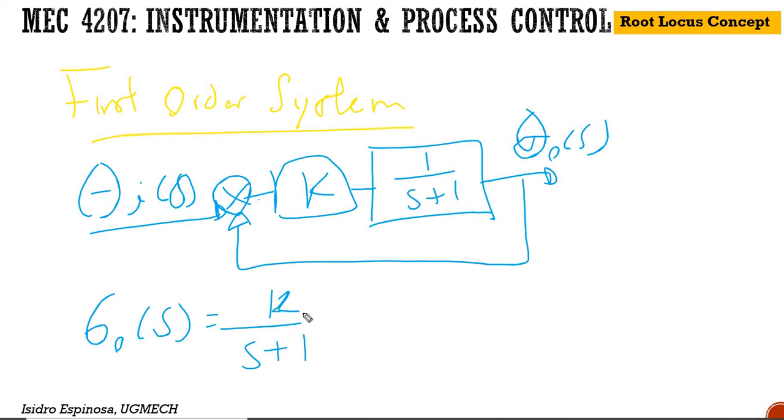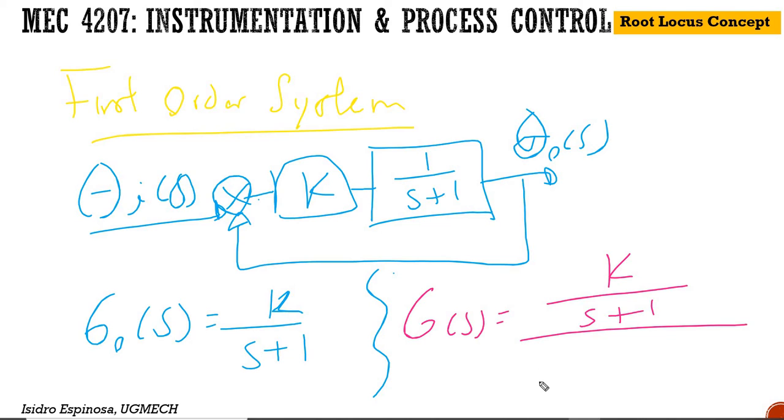Okay. So to start to work with that, we need to consider the concept of unity feedback transfer function, that is more or less G of s equal to the open loop transfer function, k over s plus 1, over 1 plus the same open loop transfer function, k over s plus 1. Okay.